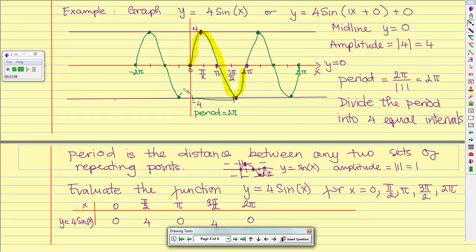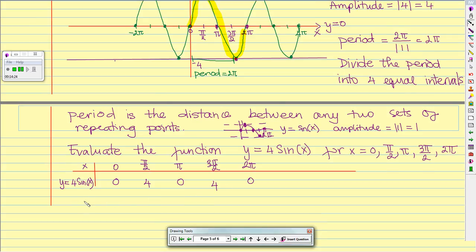And connect this set of 5 points with a curve. So the set of 5 points just repeats itself. So from now you can see the pattern will be y equals 0, y equals the maximum, y equals 0, y equals the minimum, y equals 0.